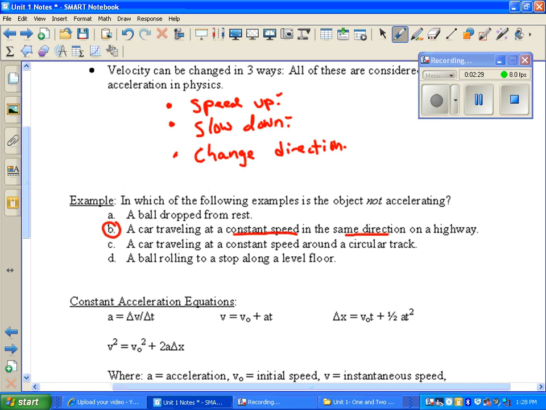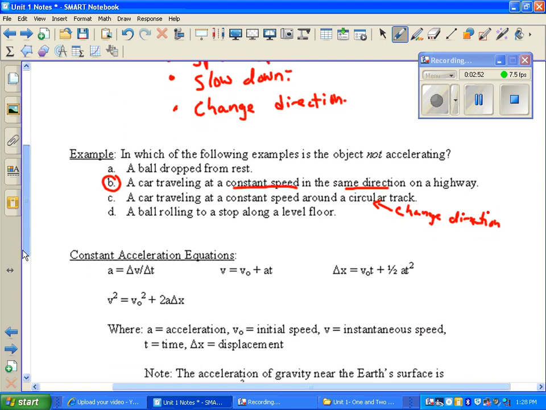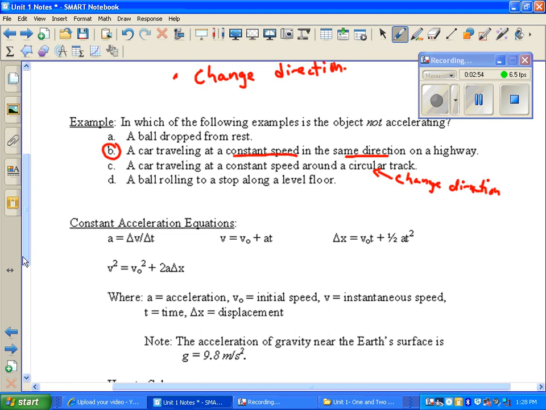Okay, so maybe make a note of that. This is a change in direction. So that is accelerating. And then the last one is a ball rolling to a stop along a level floor. Again, it's slowing down. Okay, so that is going to be an acceleration. So the only one where it's not accelerating is going at a constant speed in the same direction.